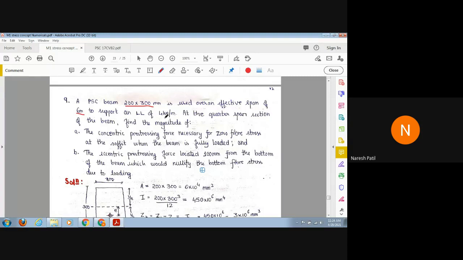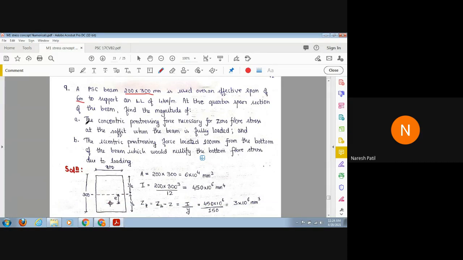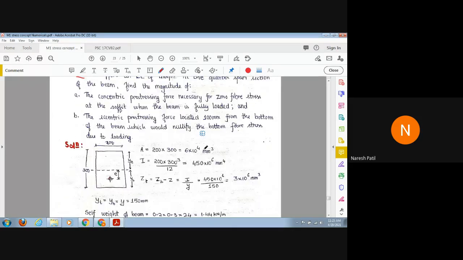Find the magnitude of first the concentric pre-stressing force necessary for zero fiber stresses at the soffit, or bottom, when the beam is fully loaded, and the eccentric pre-stressing force located 100 mm from the bottom of the beam, which will nullify the bottom fiber stresses due to loading.